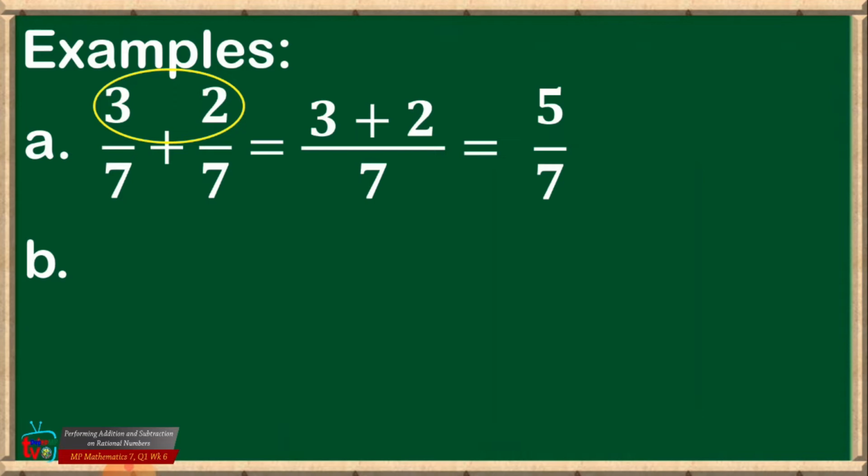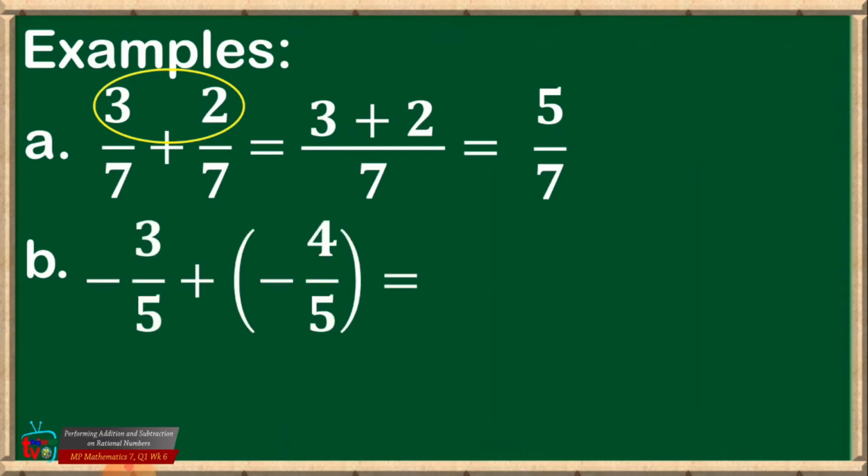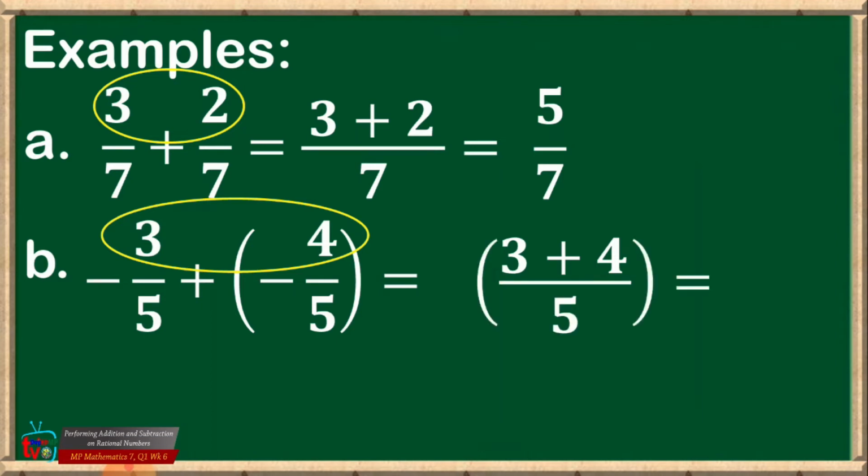Letter B example. Negative 3 over 5 plus the quantity negative 4 over 5. First step, we are going to add the numerators and then carry the common denominator. If we take a look at the signs of 3 over 5 and 4 over 5, they are both negative.